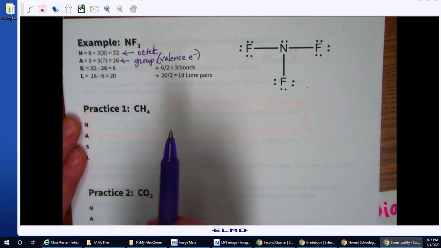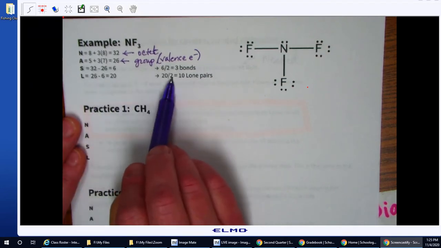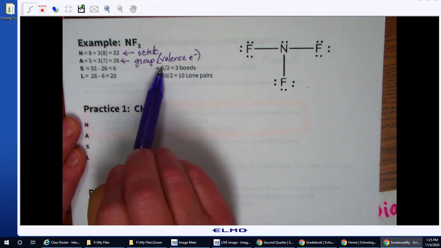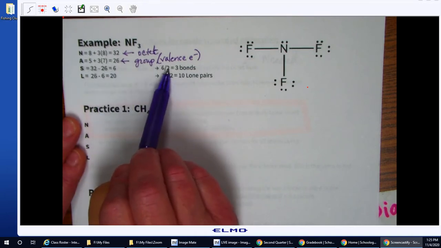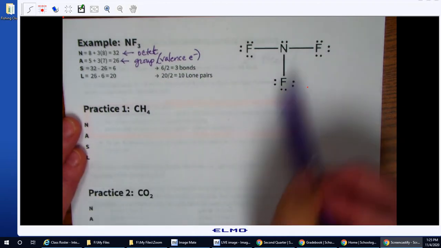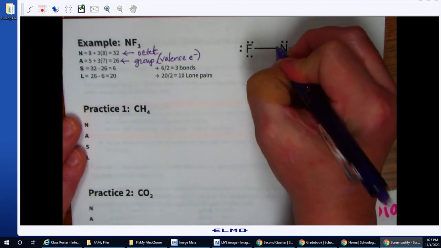If I've done that, I've got 20 leftover electrons. I divide that by 2, I get 10 lone pairs. If I divide the 6 shared electrons by 2, 2 electrons per bond, then I get 3 bonds. And so I have 3 bonds illustrated.